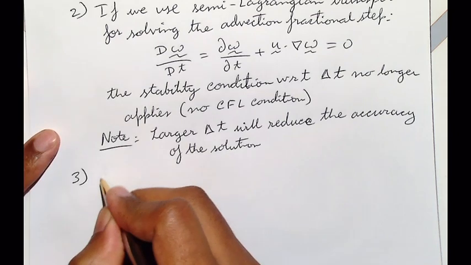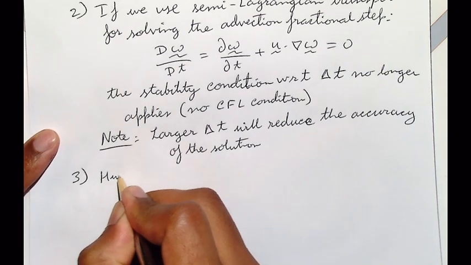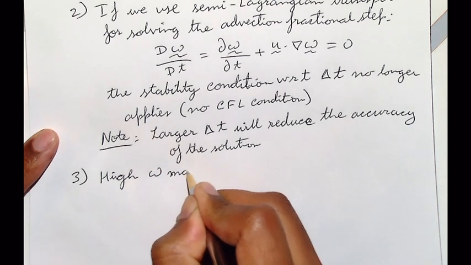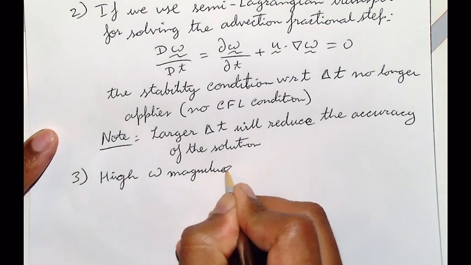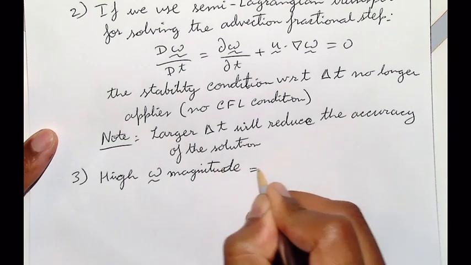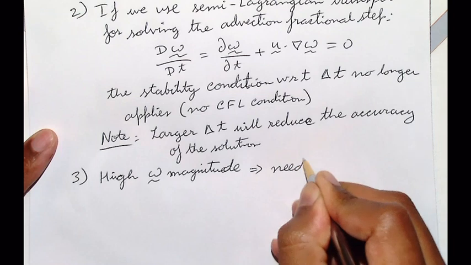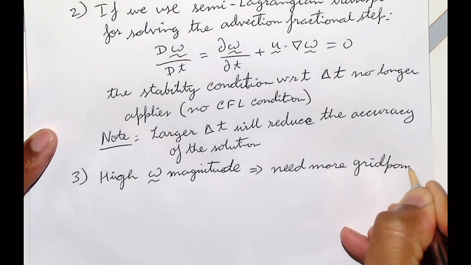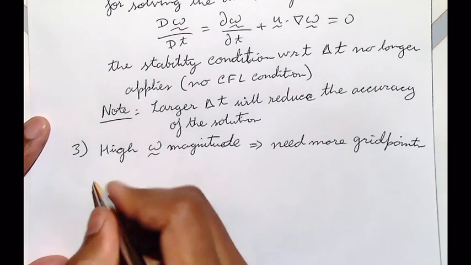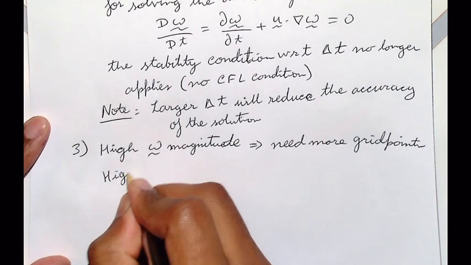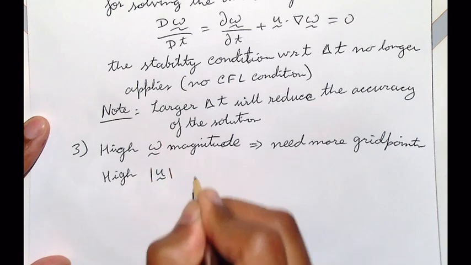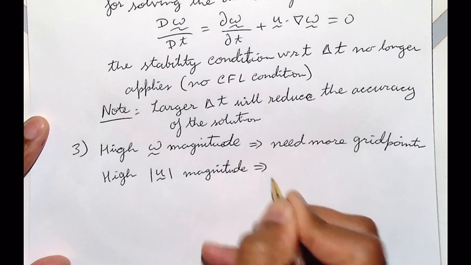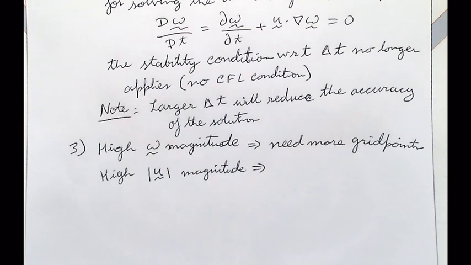So high omega magnitude implies we need more grid points. What about high velocity magnitude? It makes sense, right?